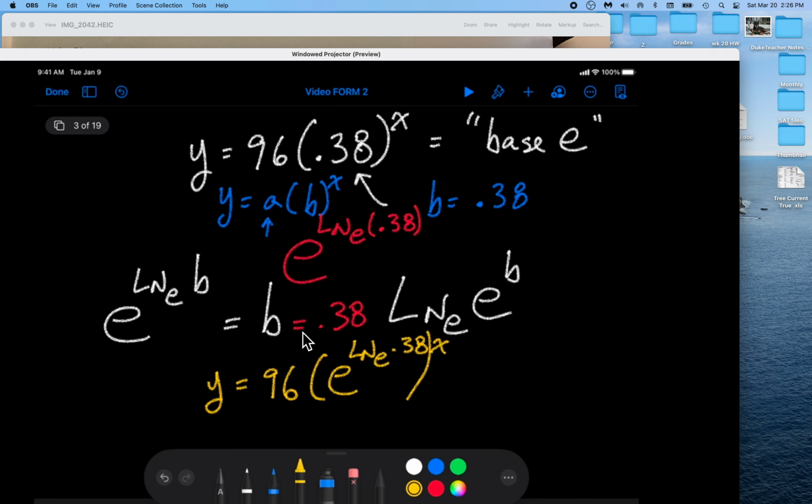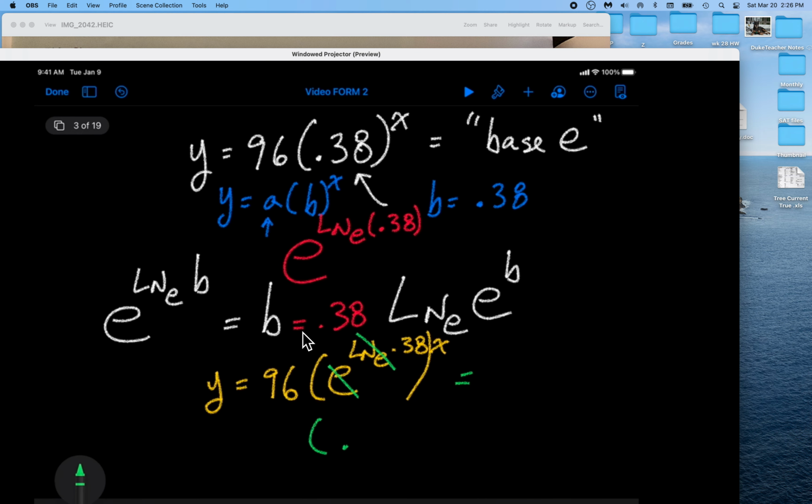So that's how you do that. And the reveal here is that this cancels out. So that is the same thing as just 0.38 to the x.